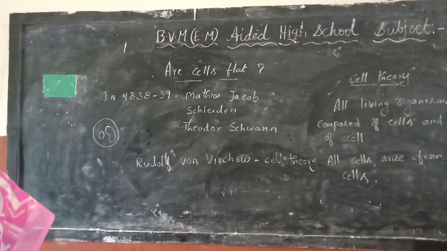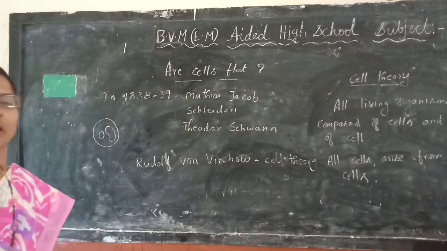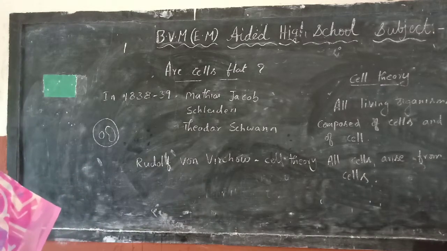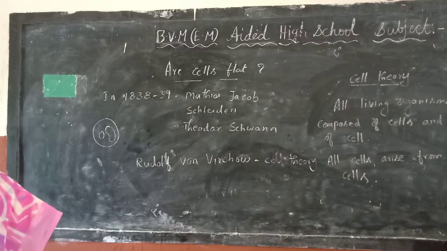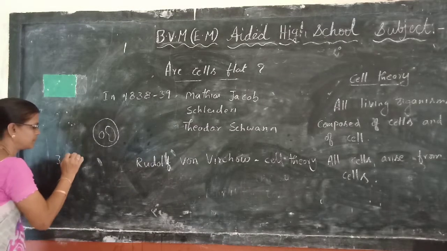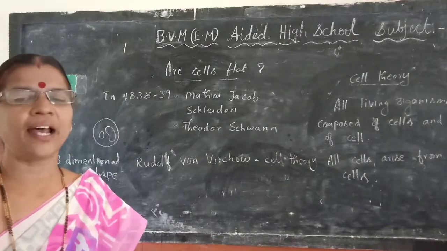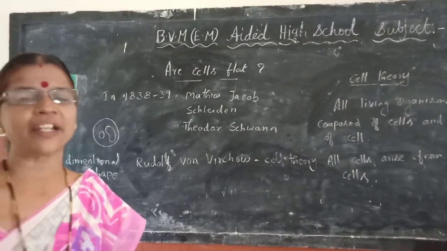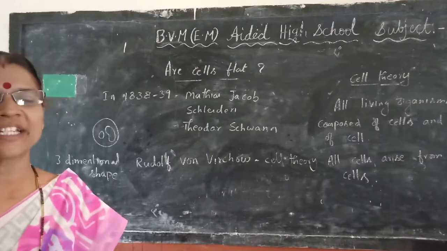So, in fact, it appears like cells are flat. In fact, cells are not flat. Cells have a three-dimensional shape. How is the earth? Earth is not flat. It is a spherical shape.